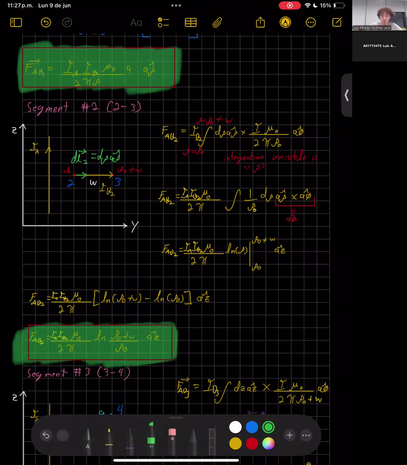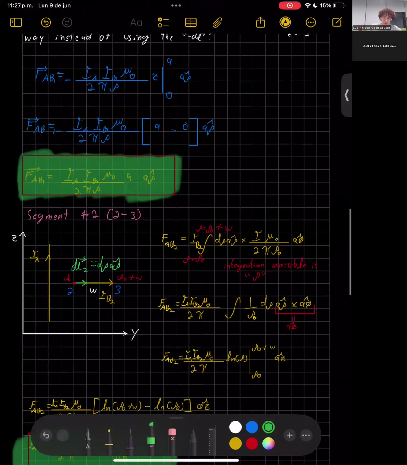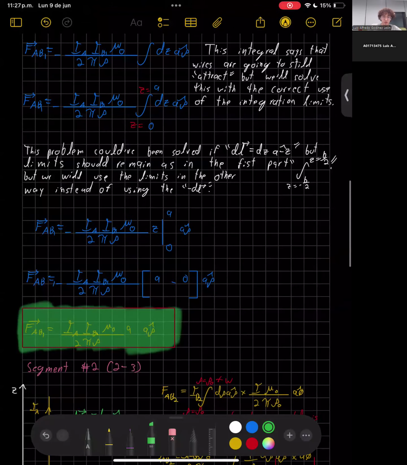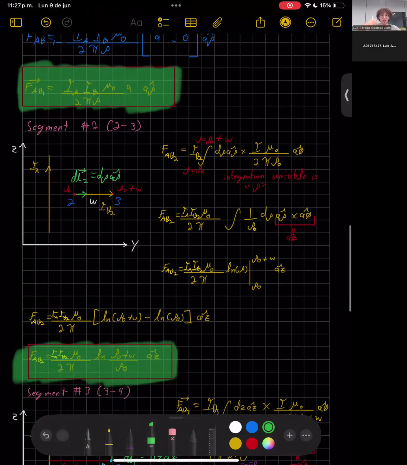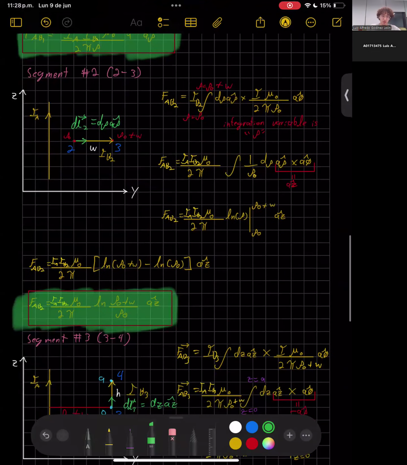Then we perform again the same process in the segment 2 to 3. The first one is the only one in which we do this different step, because it's the only one that has an opposite current. All the other ones have it parallel and going outside of the first current, or well, towards the first current of the infinite wire.